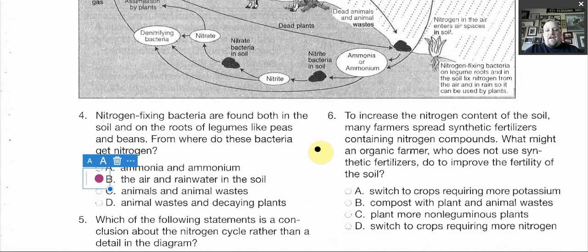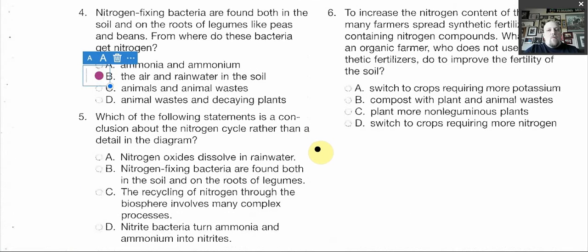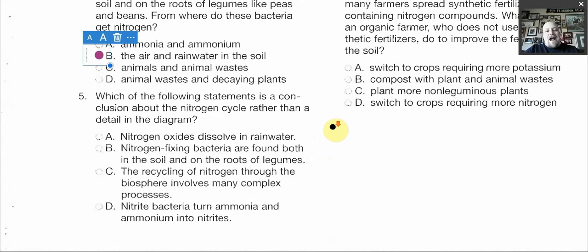So what can we make a conclusion based off of what we think, but not what's actually written there? Nitrogen oxides dissolve in rainwater. We saw that that's actually on there. Nitrogen fixing bacteria are found both in the soil and on the roots of legumes. The recycling of nitrogen through the biosphere involves many complex processes.